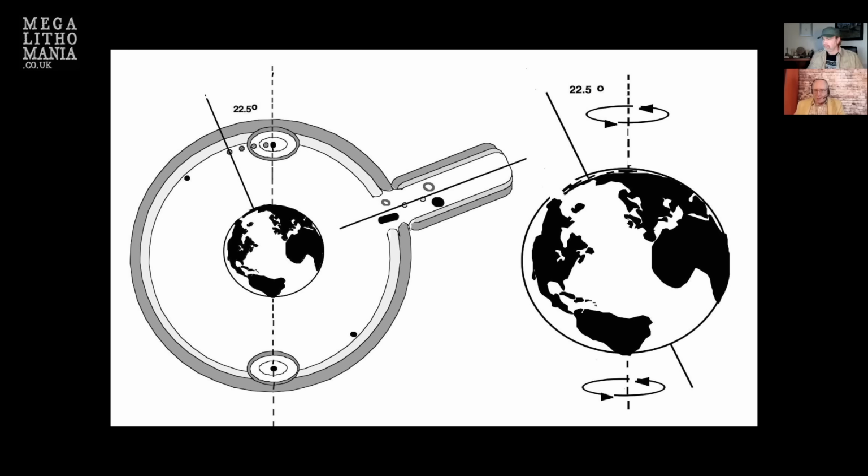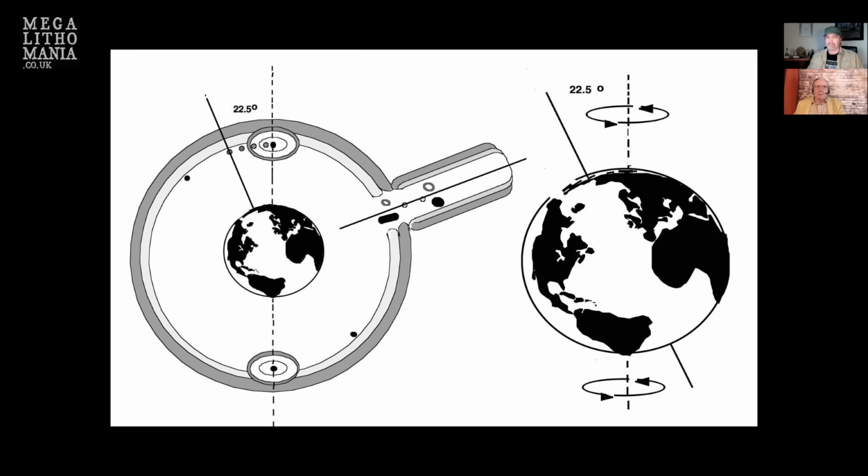Now, this precession, if that's what this is, if this is a precessional diagram drawn in this megalithic earthwork at Stonehenge, they give the angle of obliquity at 22.5 degrees. Not quite the same, 1 degree difference.